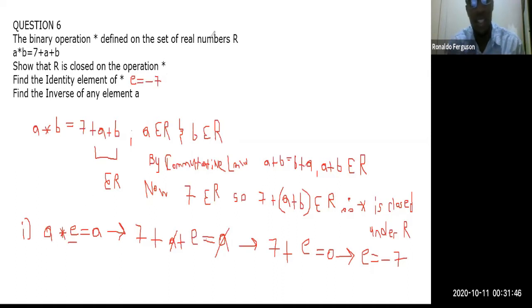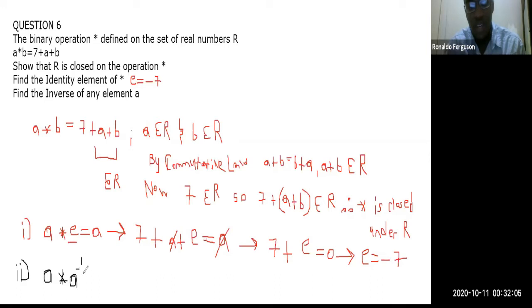Easy question. So the next part says find the inverse of any element A. To find the inverse of any element A, remember it specifically says A, then the inverse of A is A to the -1.